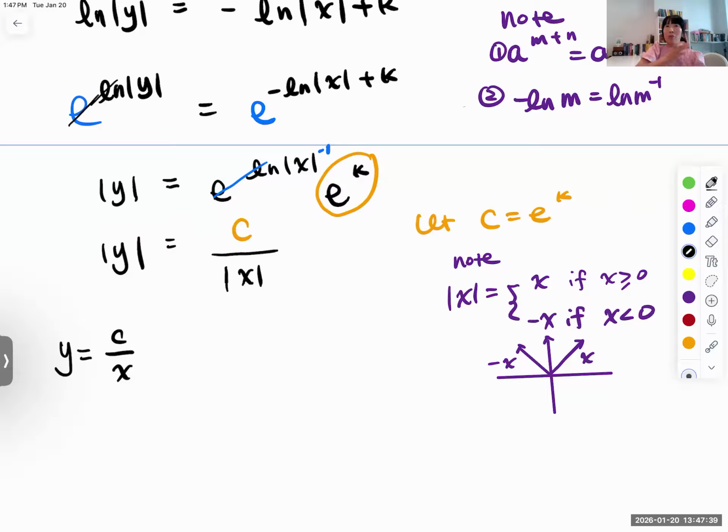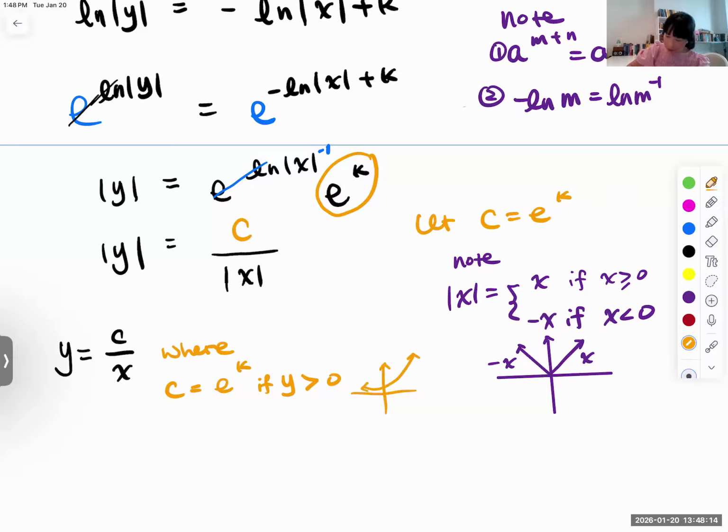And then we want to restrict the c, where c equal to e to the k when y is greater than 0, because e to the x power always like that, right?